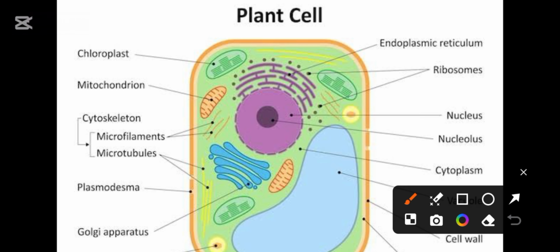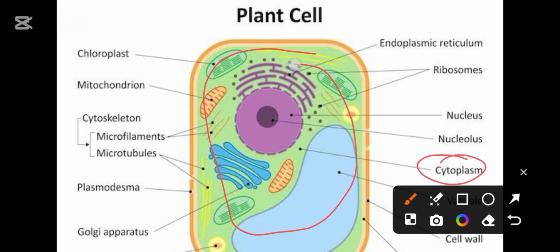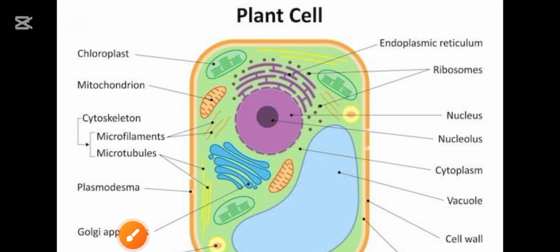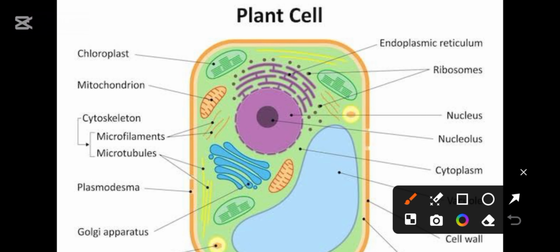Now, look at our cytoplasm. What is the function of the cytoplasm? Everything inside, both the organelles and the cytosol, is called the cytoplasm. The cytoplasm is the combination of organelles and cytosol. So, what are cytosol and what are organelles? Cytosol is the jelly-like fluid of the cell, while organelles are the subunits of the cell that perform a specific function.